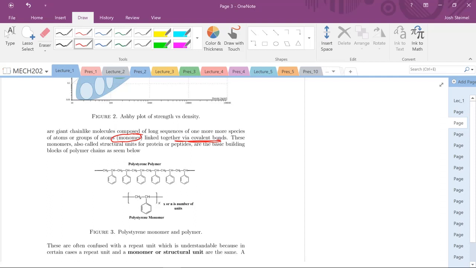For pure synthetic polymers, like polystyrene, polyethylene, PVC, Kevlar, et cetera, these are monomers. If you're dealing with proteins and peptides, sometimes they're called structural units instead of the monomer unit.